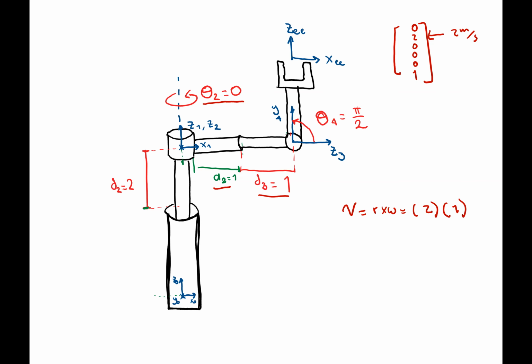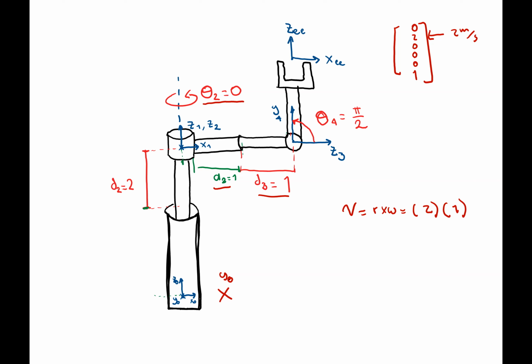Because this is at 90 degrees, we get a component going inside of the slide, which is the positive direction of the y-axis of the base, moving towards the slide at 2 meters per second.